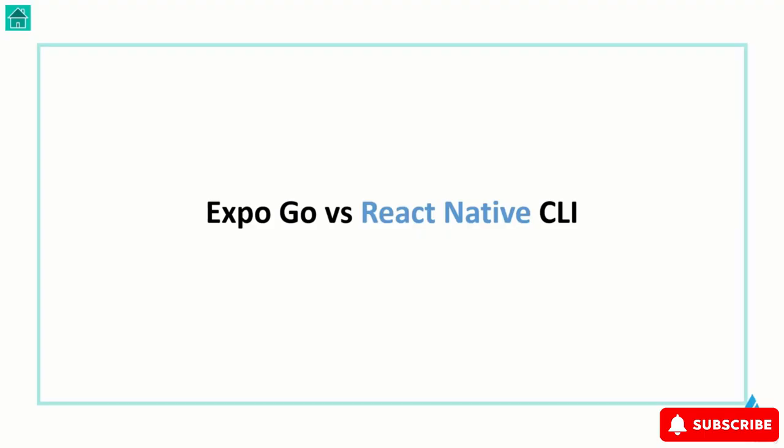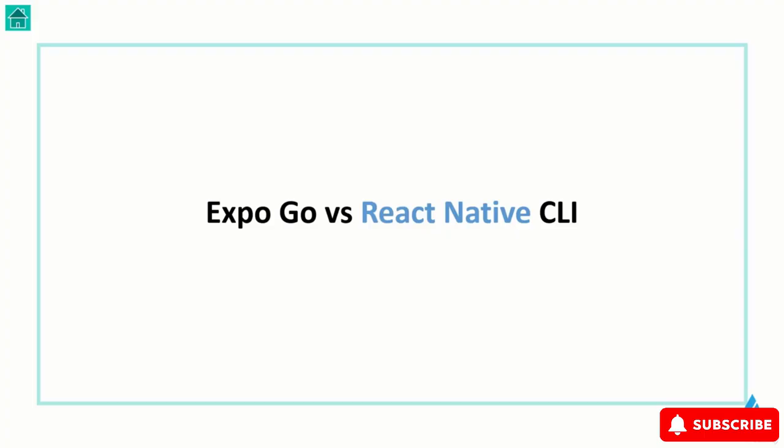It provides a more traditional development workflow in which you create your own project structure and write all the code yourself, including any native code that your app requires. React Native CLI also provides tools for building and deploying your app to app stores, but these tools require more configuration and setup compared to Expo CLI.